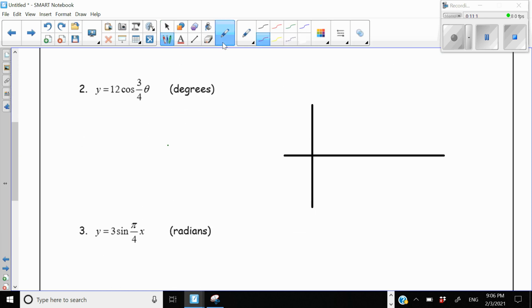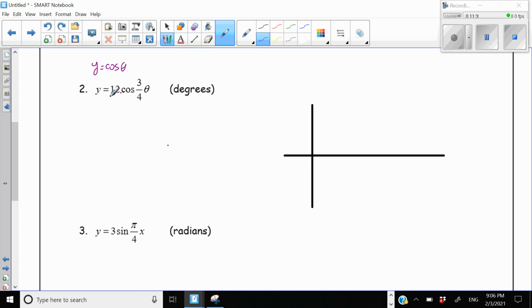So let's look at this function that we have. We have y equal to 12 cosine of 3 over 4 theta. First of all, I know that my parent function is y equal to cosine of theta. Just by looking at this function, I will know that the parent function is cosine of theta. Now, what changes are happening to my function? First of all, I'm multiplying the function by this number.